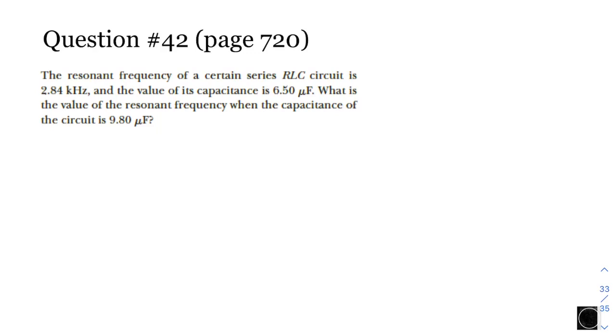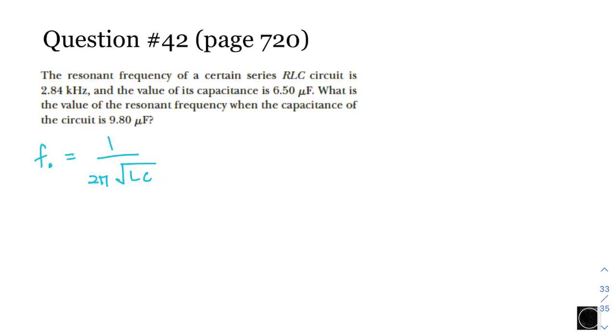Number 42. The resonant frequency of a certain series RLC circuit is 2.84 kilohertz, and the value of its capacitance is 6.5 microfarad. What is the value of the resonant frequency when the capacitance of the circuit is 9.8 microfarad? As we know, the resonant frequency F0 is equivalent to 1 over 2 pi square root LC.